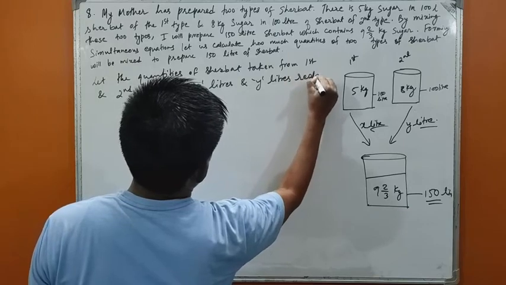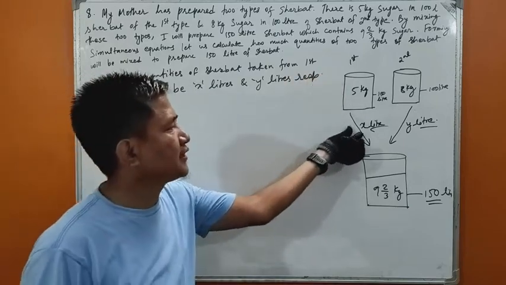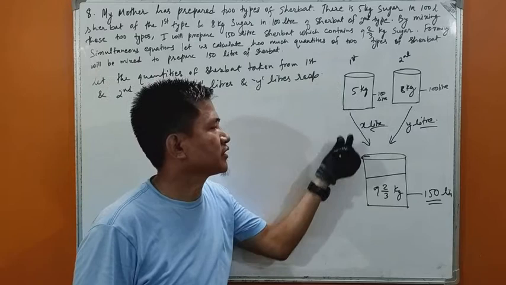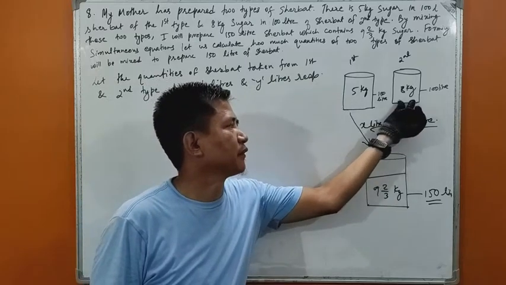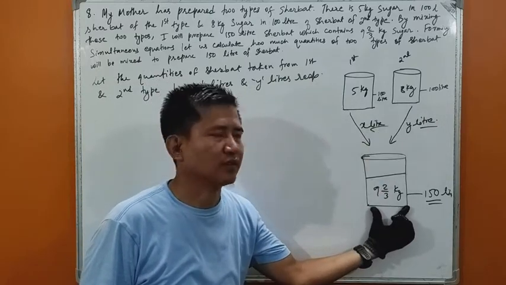Okay, we have assumed that x liters of first type of sarbat is taken and y liters of second type of sarbat is taken to make this new sarbat.